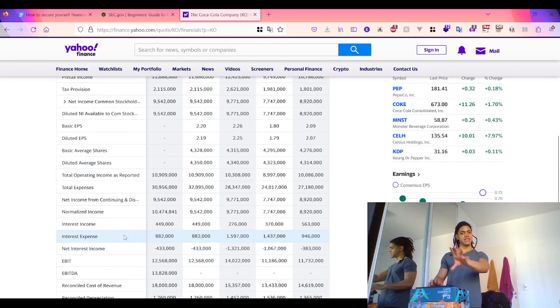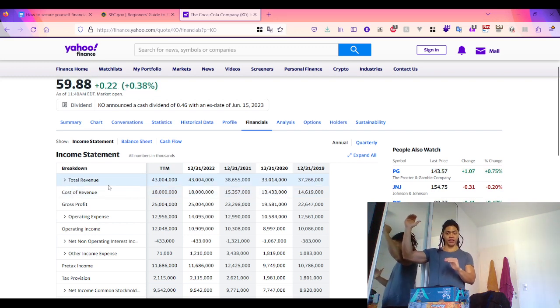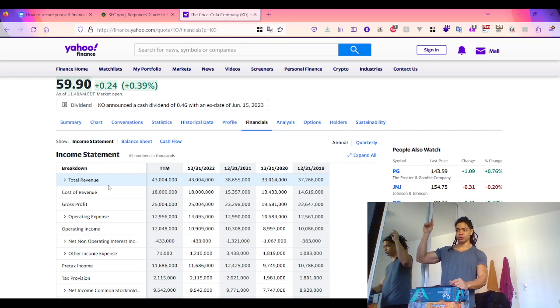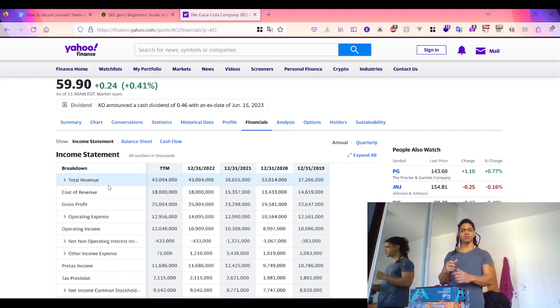According to sec.gov, you can think of this as a set of stairs where you start from the top with the total amount of revenue, and every time you go down each step you make a deduction associated with earning that revenue. At the bottom of the stairs, you reach the bottom line of this statement, indicating if the company made a profit or not.